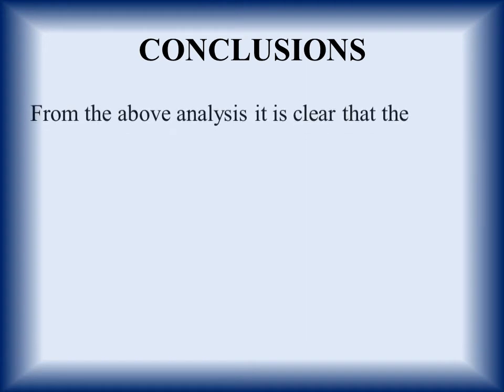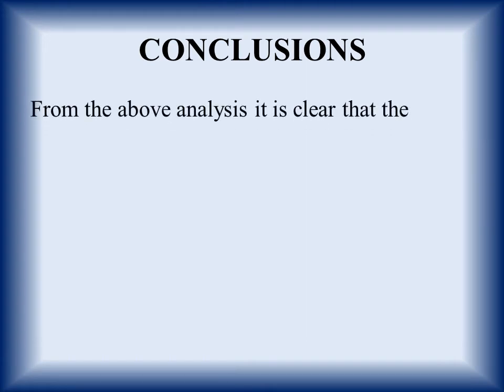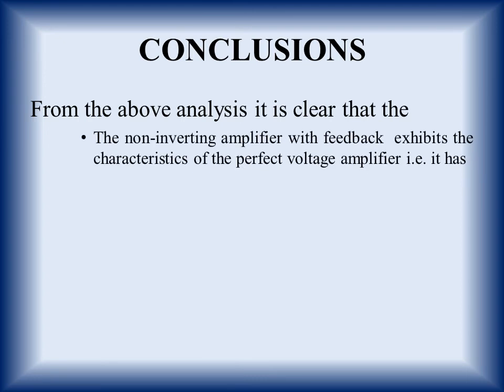Now, what do we conclude from all these parameters? From the above analysis, it is clear that the non-inverting amplifier with feedback exhibits the characteristics of a perfect voltage amplifier. It exhibits all those properties that are necessary for a perfect voltage amplifier. How?